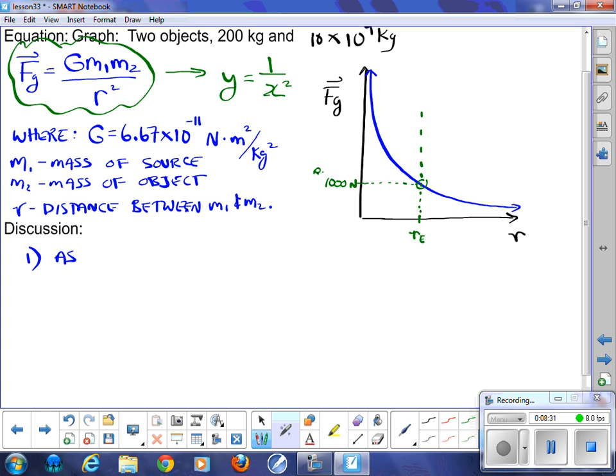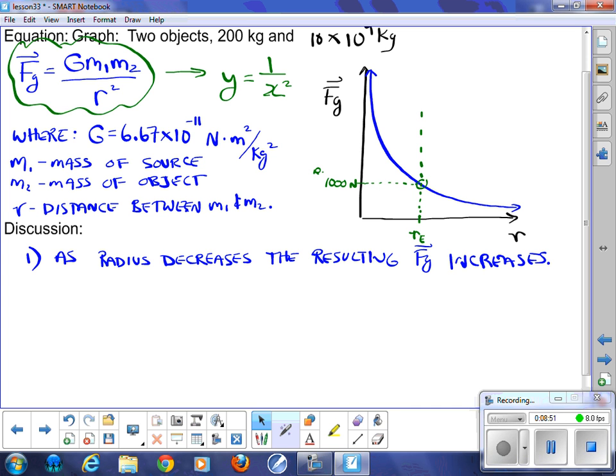As radius decreases, the resulting force due to gravity increases, and it increases significantly. If I moved the radius, say to R2, you can see this is now your force due to gravity or attraction.